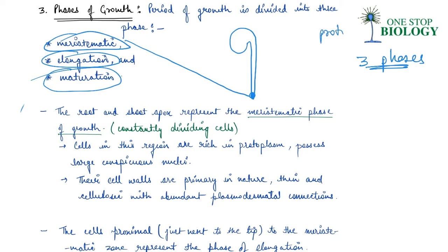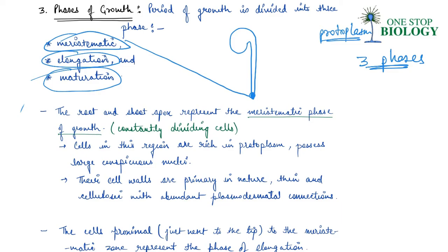The content of protoplasm is increasing and they possess large conspicuous nuclei. These are the properties of the cells of the meristematic region. The cell walls of these cells are primary in nature, very thin, cellulosic, with a lot of plasmodesmatal connections. I hope you remember the plant cell, how the plant cell looks.